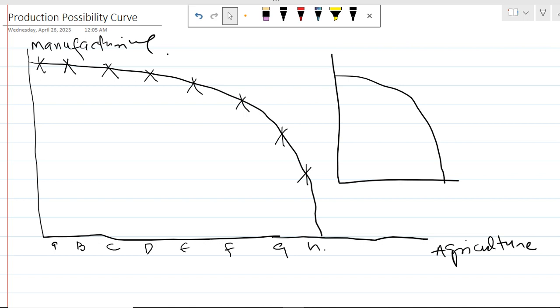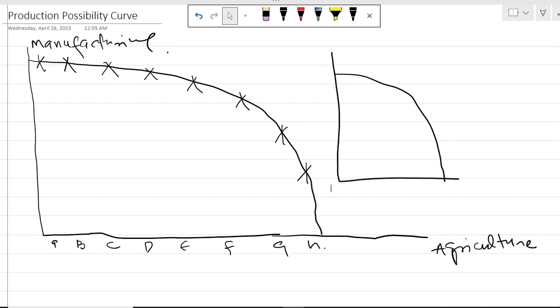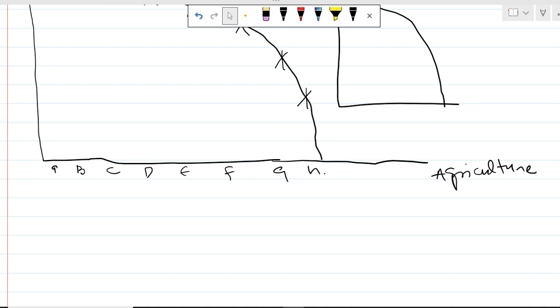Now we discuss the different properties and assumptions of the PPC curve. In this particular assumption, we assume that a country can produce at all points. The country can produce at point A and B and C and so on. So now opportunity cost.